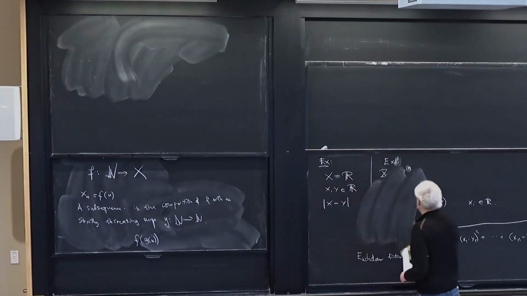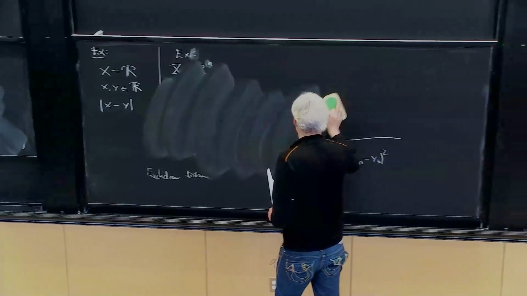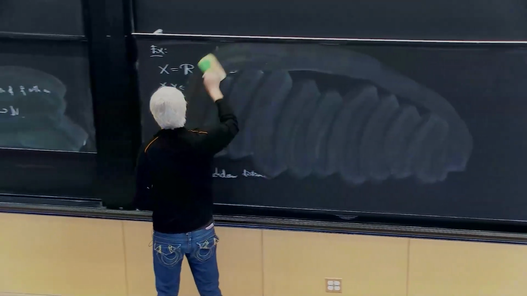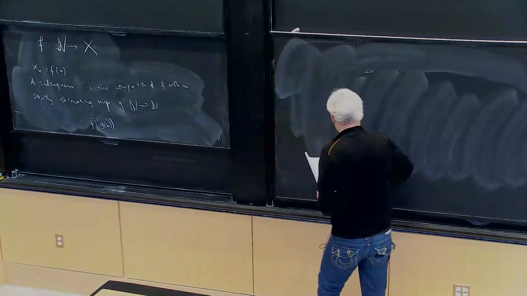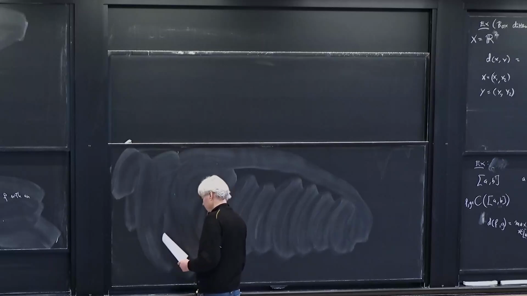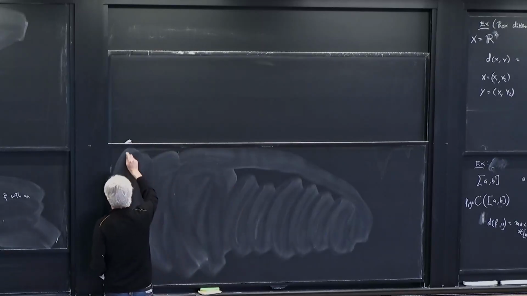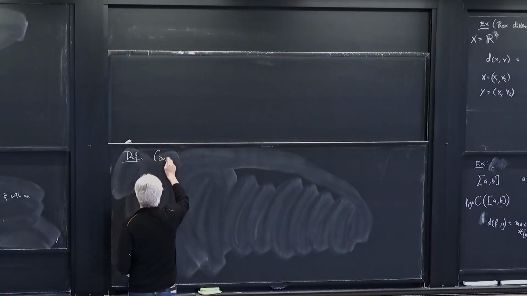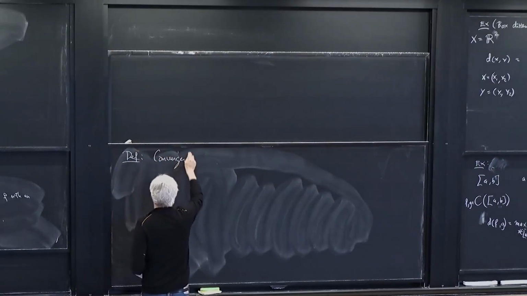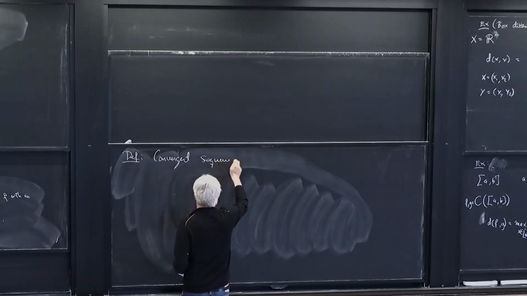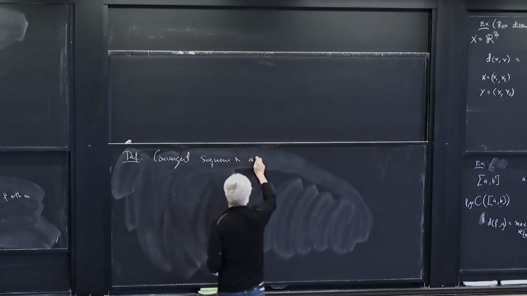We can then also talk about, and I know we talked about this, but because of the break, I just want to quickly review a few of the things we talked about right before the break. So one is a convergent sequence in a metric space.